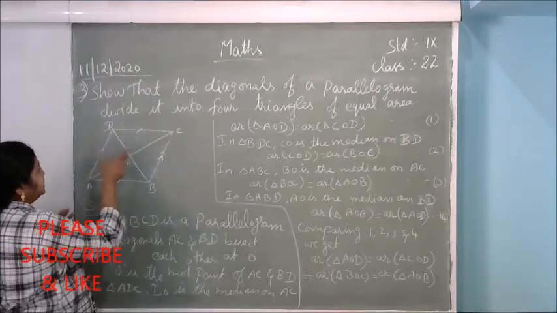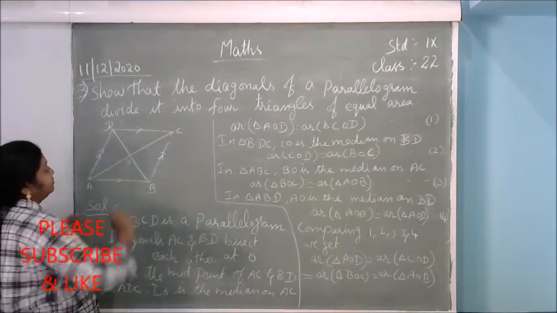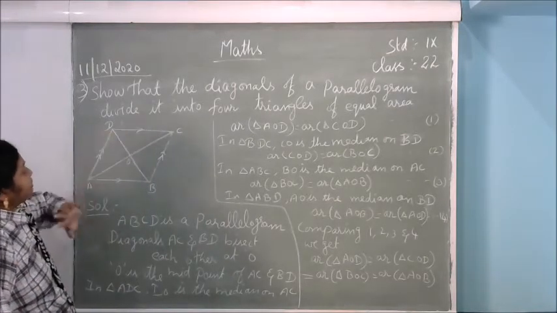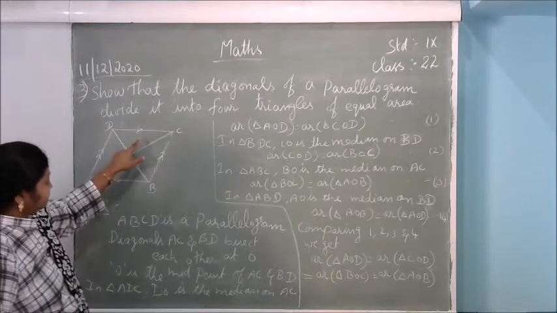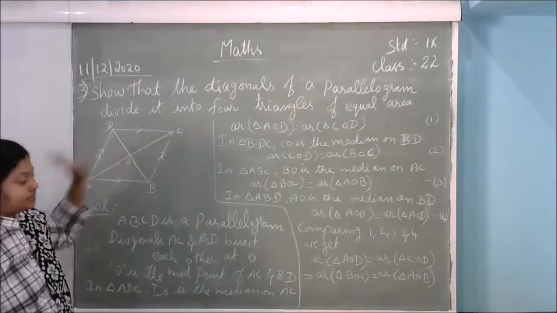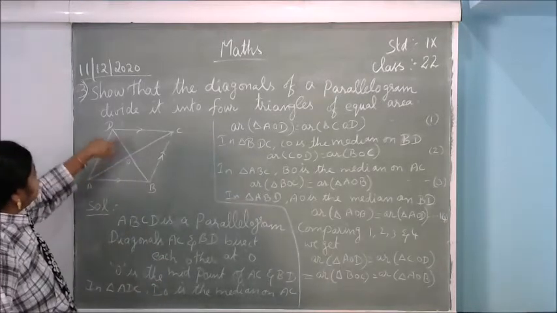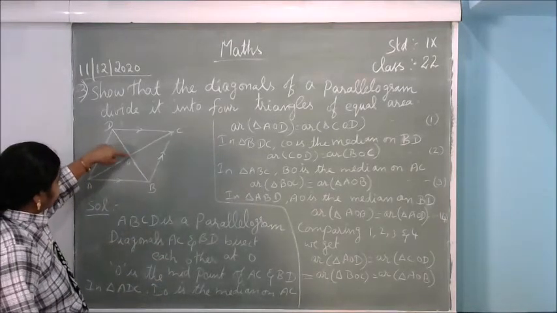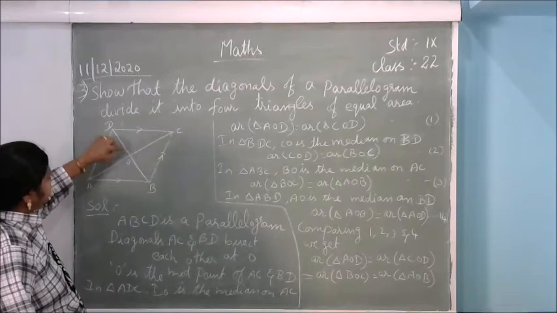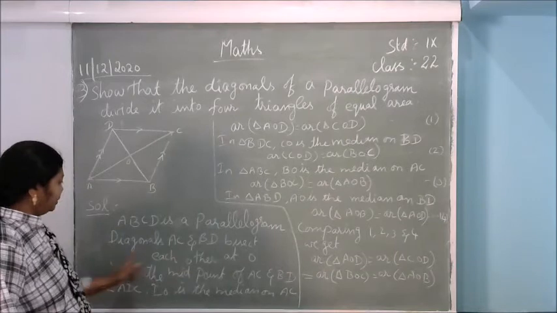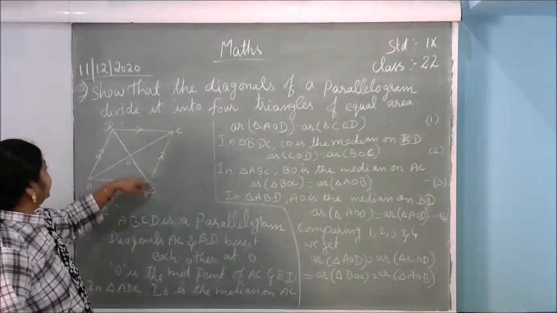So this side, this side, this side and this side, if you take the measurement, all these line segments will be equal. If one is 7 centimeter, everything will be 7 centimeter only. Both diagonals cut at the midpoint, and you have to give that one name, O. O is the midpoint of AC and BD.